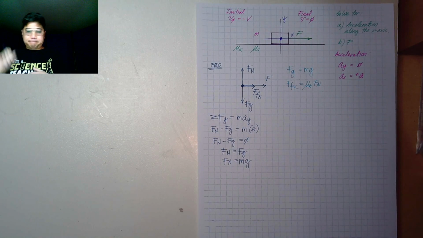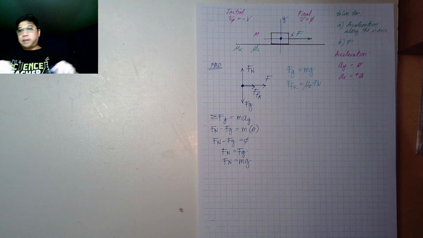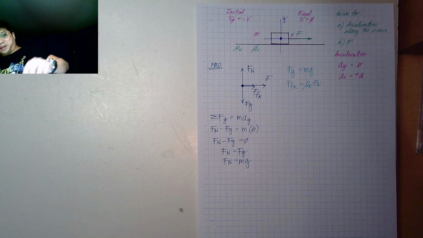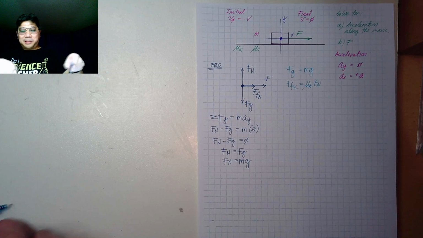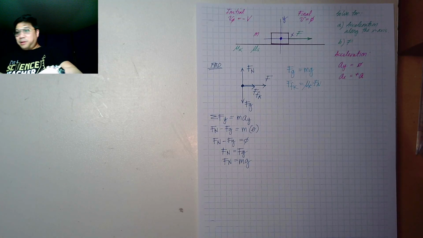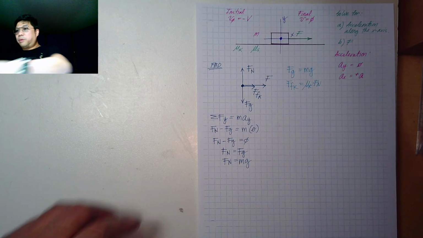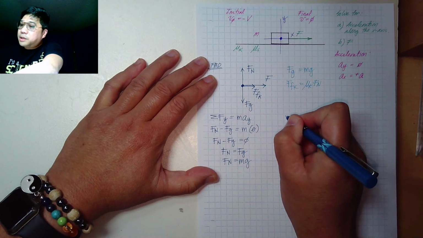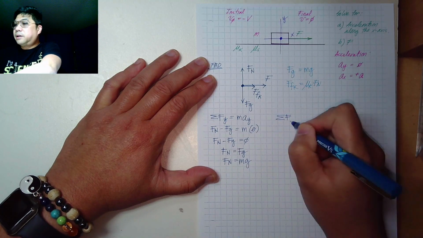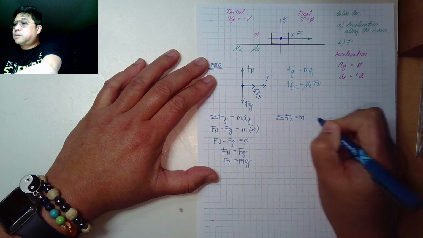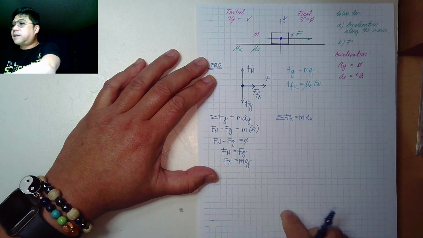Now, let us move on to the next step, and that is to analyze the forces acting on the x-axis. At this point, it's a little bit different compared to what we've been doing in the past. This time, the summation of forces acting along the x-axis is mass multiplied by the acceleration along the x-axis.